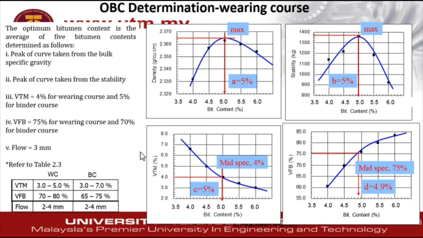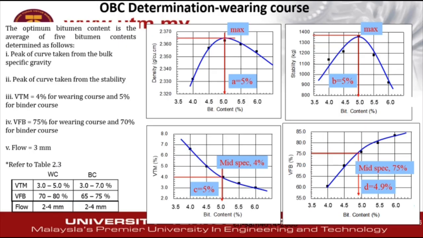Next, we have the criterion for VFB. Here VFB equals 75% for wearing course and 70% for binder course. Looking at the graph plotted here, again we assume it is for wearing course, the bitumen content assigned as D at the mid-spec of 75% is 4.9%. And finally, the flow criterion is equal to 3 mm, which is the average of 2 to 4 mm.